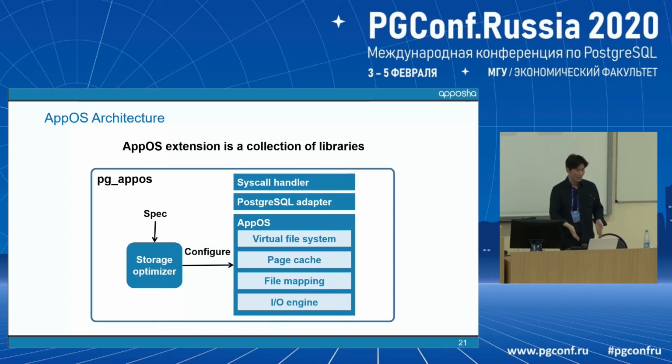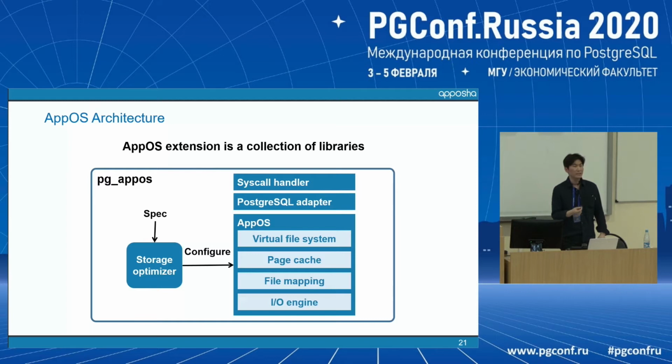Inside the AppOS core, we have a virtual file system layer and page cache file mapping. Actually, file mapping is more like a file system, but it's not a full file system. And at the bottom, we have the IO engine to issue IOs based on the underlying storage characteristics. So this is the whole architecture.